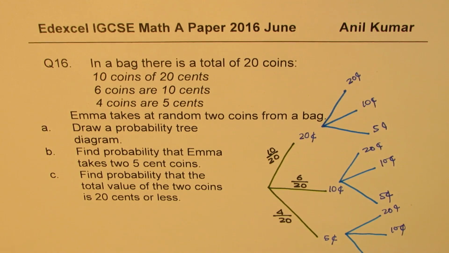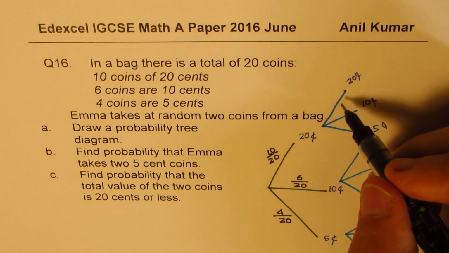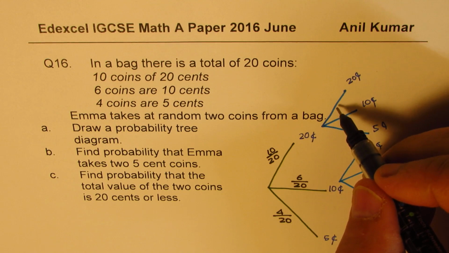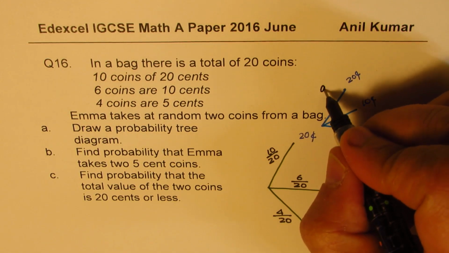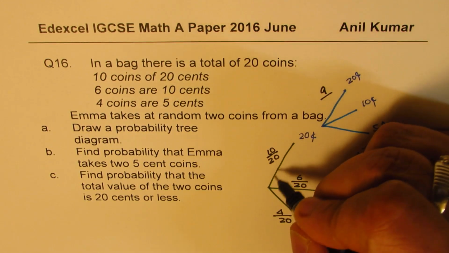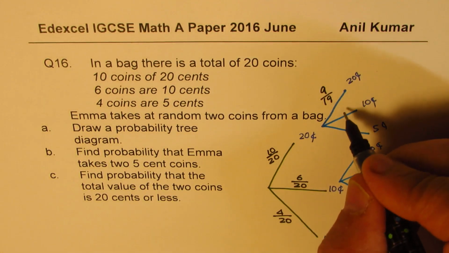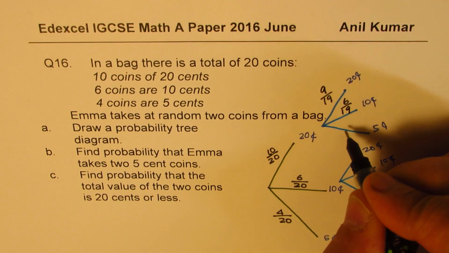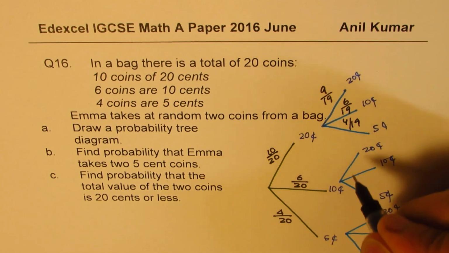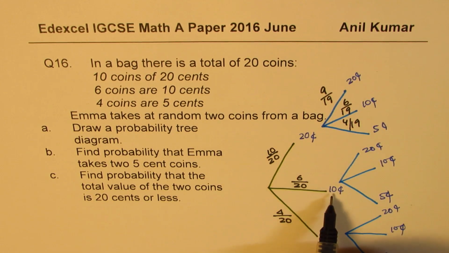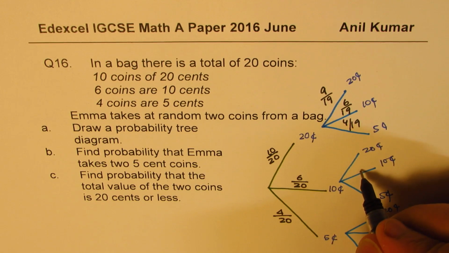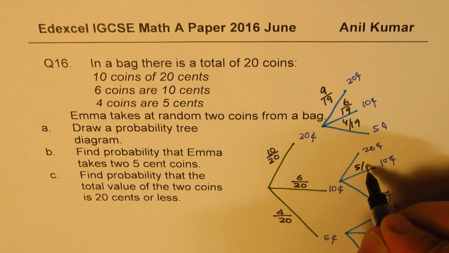Now in the first case, we have already drawn a 20-cent coin, so we're left with one less. So we have 9 out of 19. All these are from 19, so this will be 6 out of 19 and 4 out of 19. Here we have drawn a 10-cent coin, so one number reduced for 10 cents, so this will be 5 over 19.